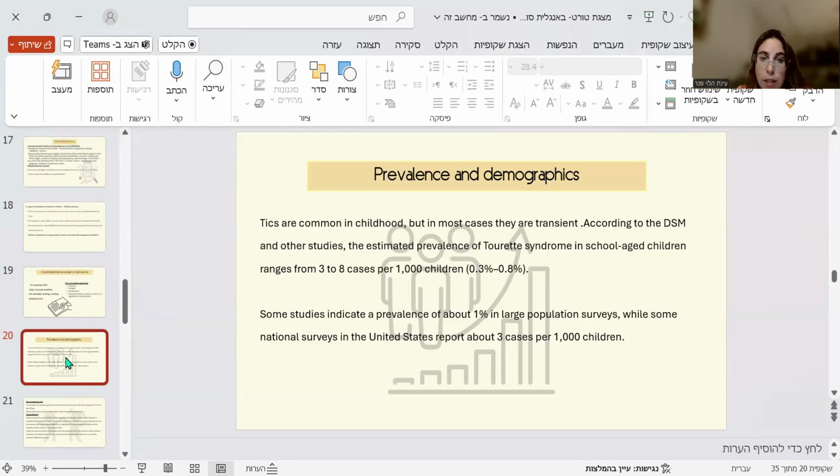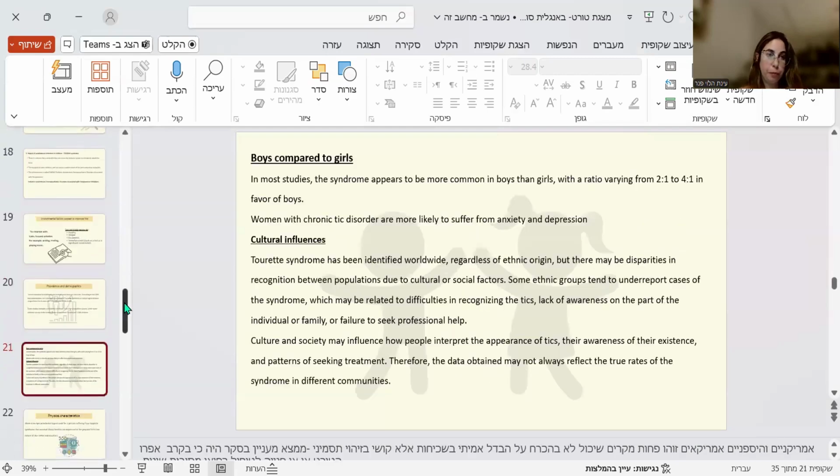Some studies indicate a prevalence of about 1% in large population surveys, with some national surveys in the United States reporting about 3 cases per 1,000 children.